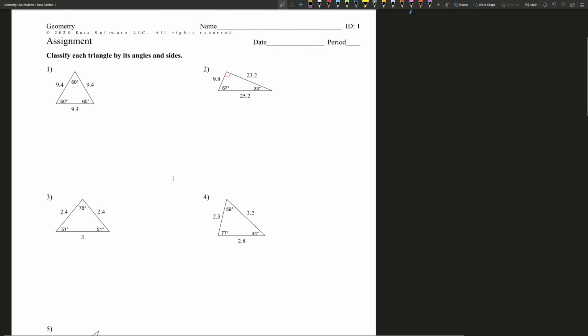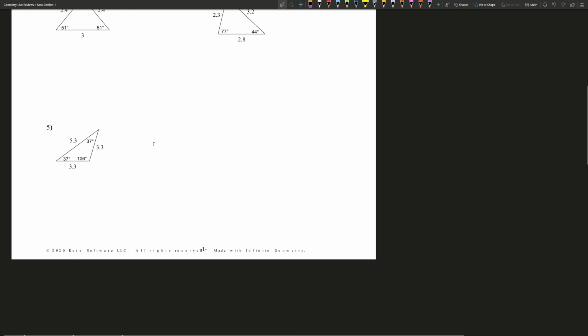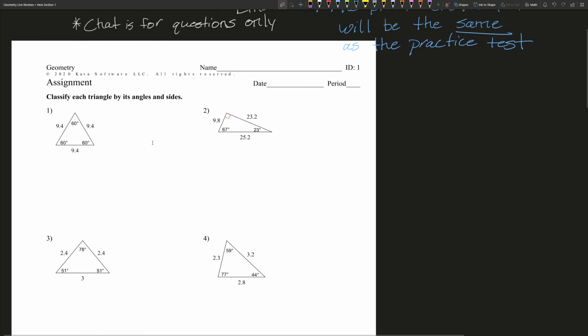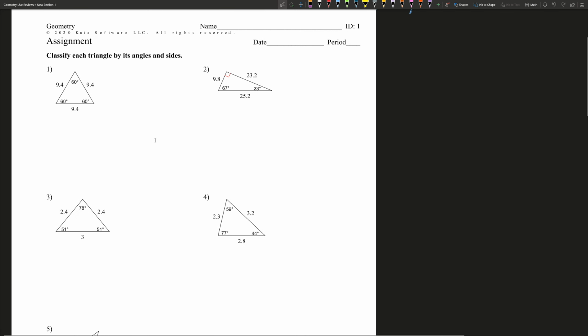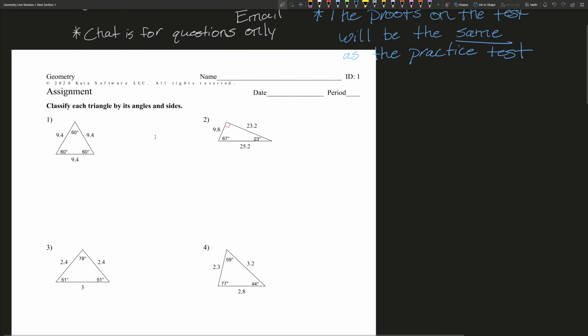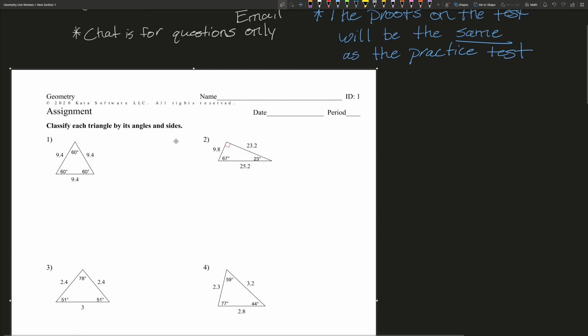All right. These first five all rely on definitions of classifying triangles by both angles and sides. So there's, I think, in total 7 different definitions that we need to know. So we can classify it by angles and by sides.